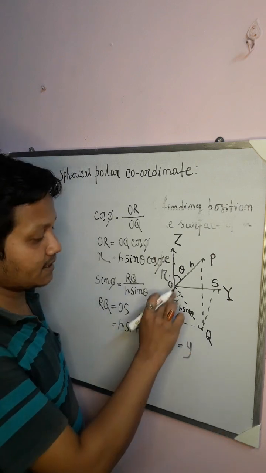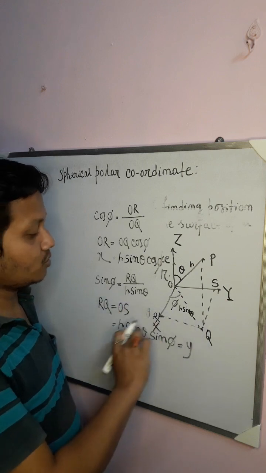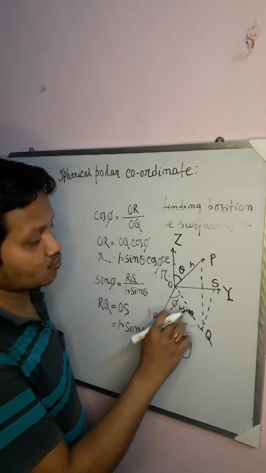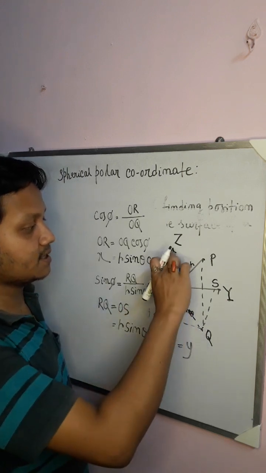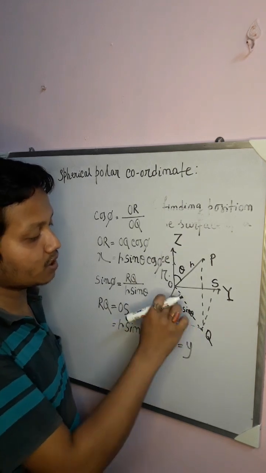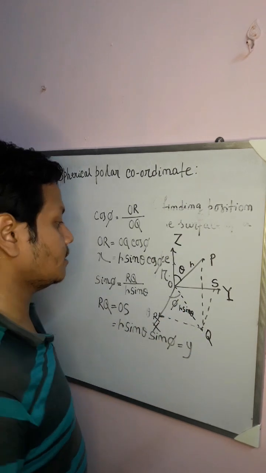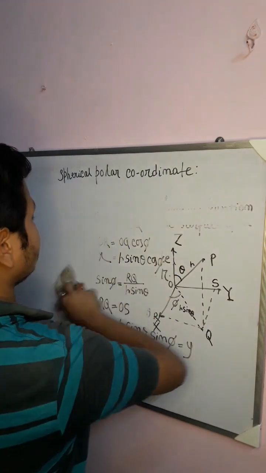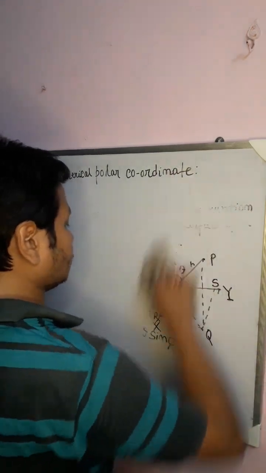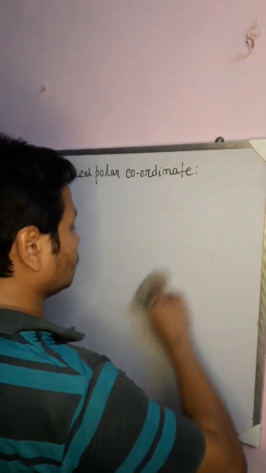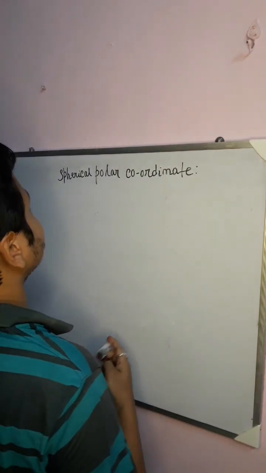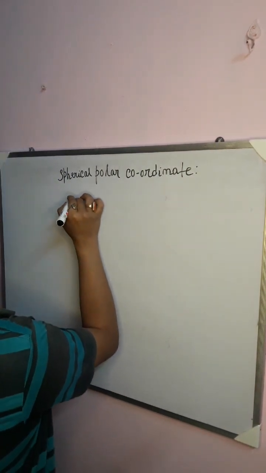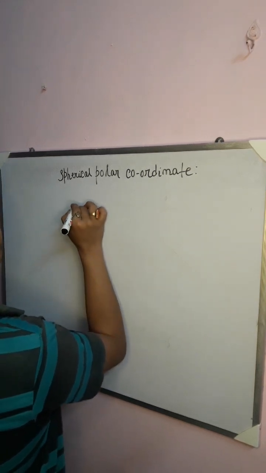By using these triangles we calculated the values of x and y. So we can easily establish the relation between the Cartesian coordinates and the spherical polar coordinates.